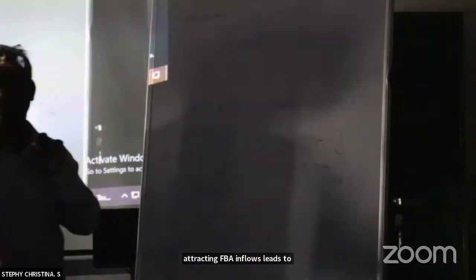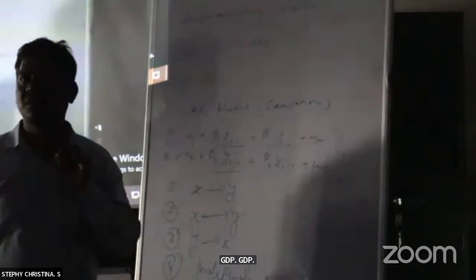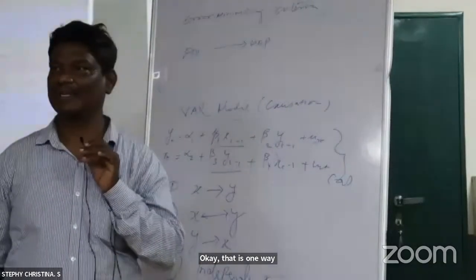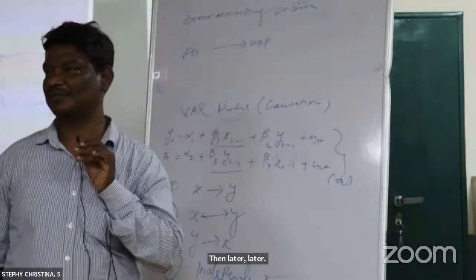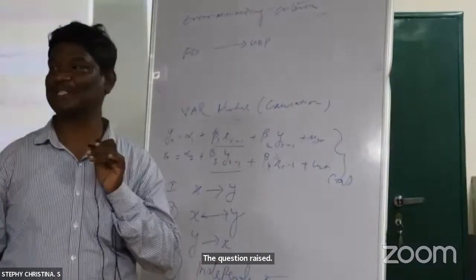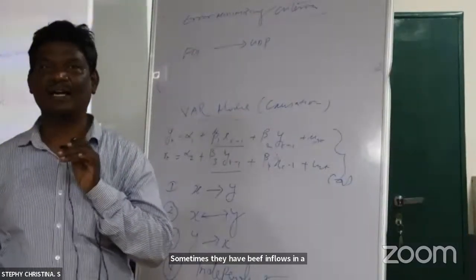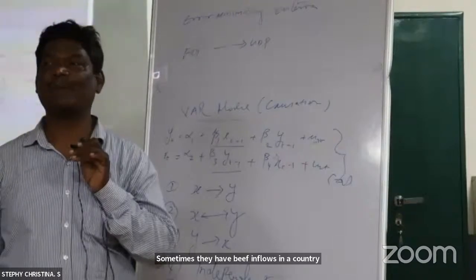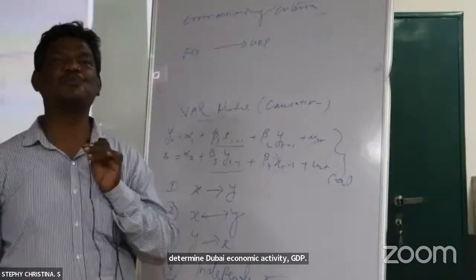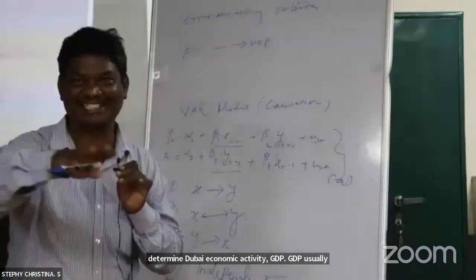That is one way. Later, the question was raised: sometimes the FDI inflows in a country are determined by economic activity, GDP. GDP is usually used as a proxy to measure market size.